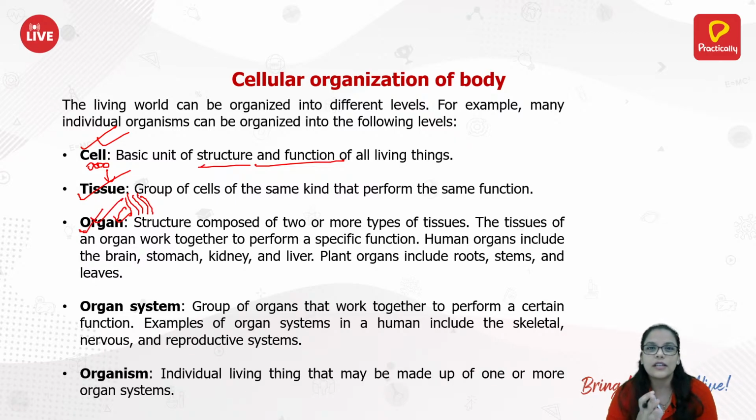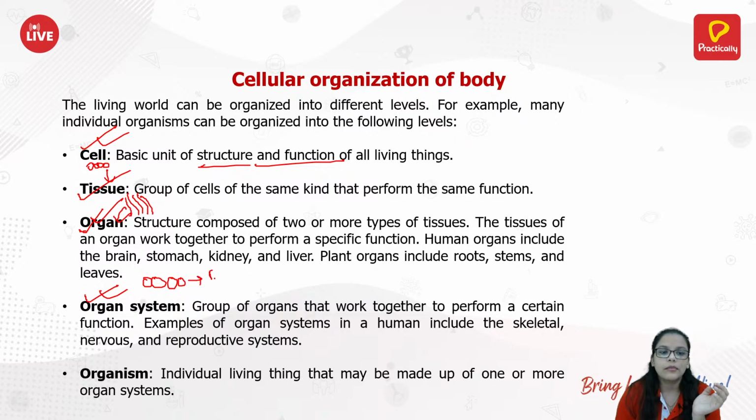I'm just giving examples of humans because it is easy for you to relate, nothing else. Even plants have different kinds of tissues, xylem, phloem, etc. There are lots of vascular tissues and everything. You might know, you might not know, but we'll read about it later. Now a lot of organs together make the organ system. Stomach, liver, small intestine, large intestine make the digestive system.